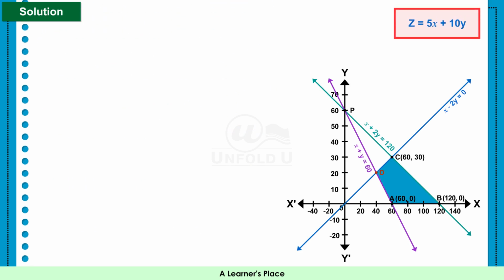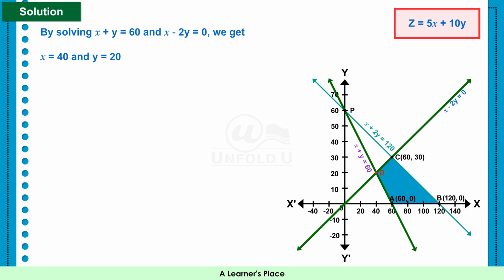D is the point of intersection of lines x plus y is equal to 60 and x minus 2y is equal to 0. By solving x plus y is equal to 60 and x minus 2y is equal to 0, we get x is equal to 40 and y is equal to 20.